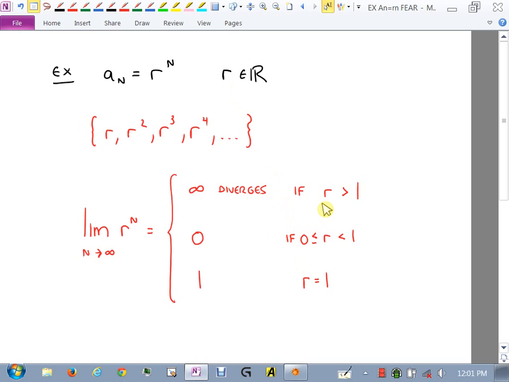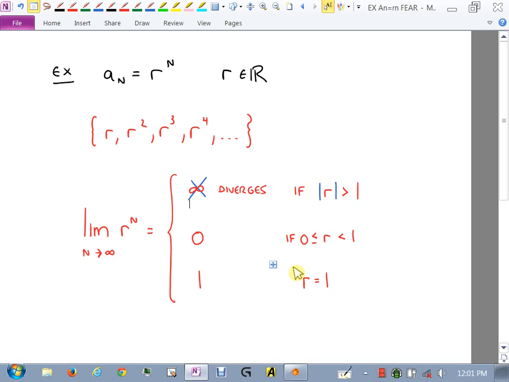Absolute value. Okay, good. If I put the absolute value of r is bigger than 1, then I can't say infinity though, remember? But what I can say is diverge. Scrap infinity. Do you agree if the absolute value of r is bigger than 1, it's going to diverge?